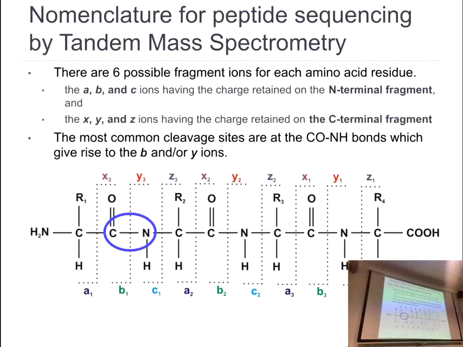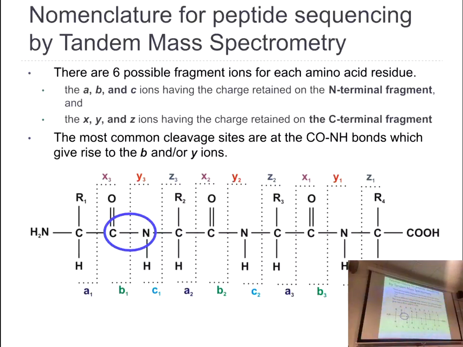B3 would be this bit, yeah? B4 would be this bit, yeah? So if I write them here, B1 is A, B2 is AI, B3 is AIT, yeah? B4 is AITW, yeah?